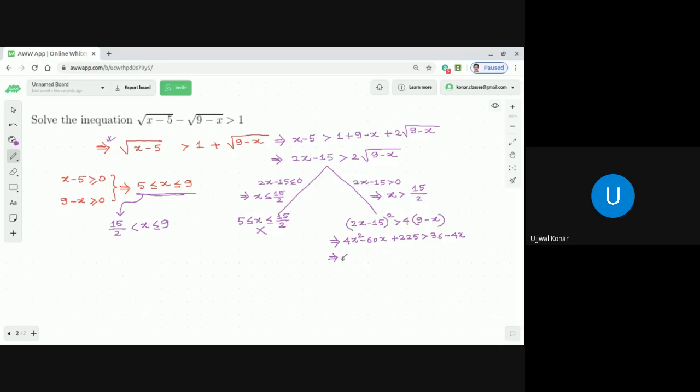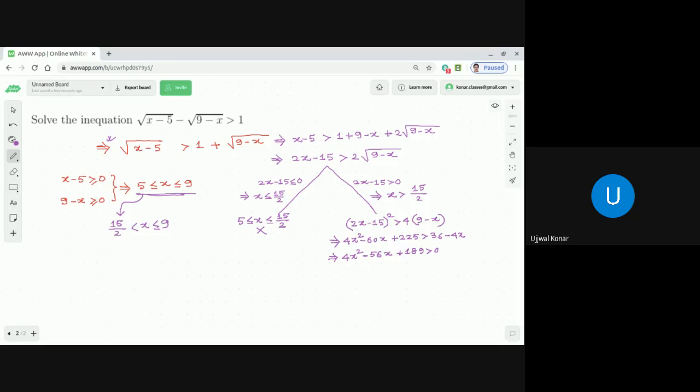So you are getting 4x square, then minus 56x, and then plus 189, correct, na, dear students? Greater than 0. And you will find you will not be able to factorize it directly.